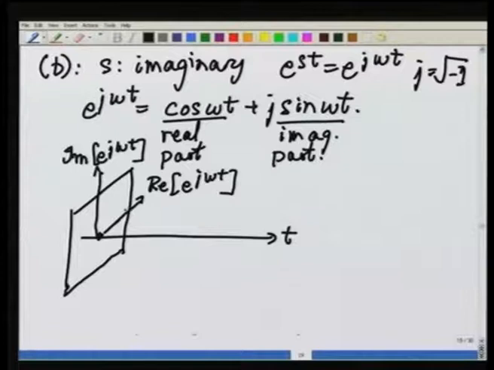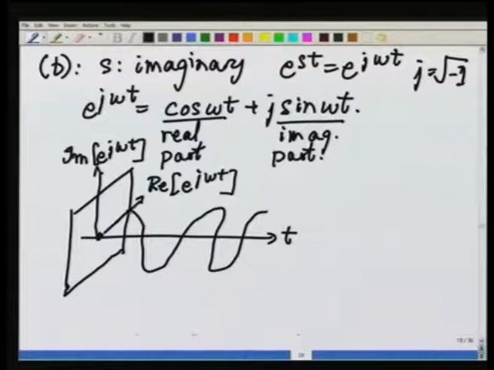Now, I am not sure I can draw this properly, but let us put it down like this. Note that at t equal to 0, this origin point of the time axis, the value taken by the real part is unity, because it is cos omega t.